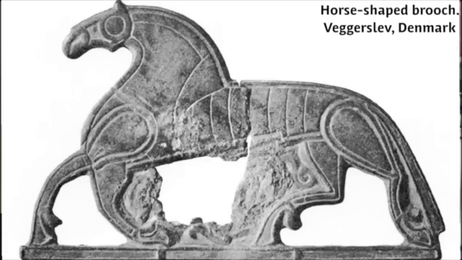There's a horse-shaped brooch from some of the pre-Viking Age styles. It's fairly known. I don't know if anything comes to mind. It's very typical for the style, but it's very much a horse shape.